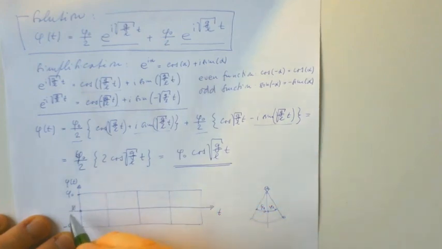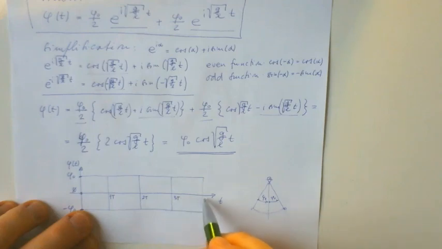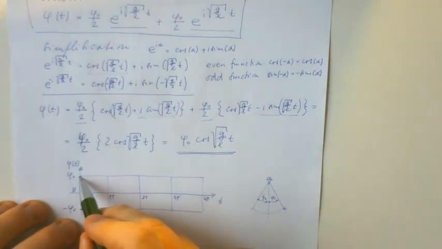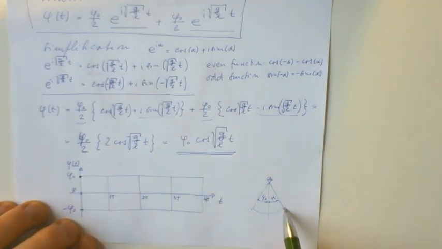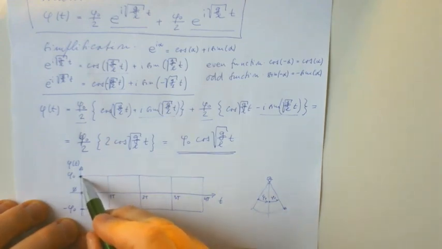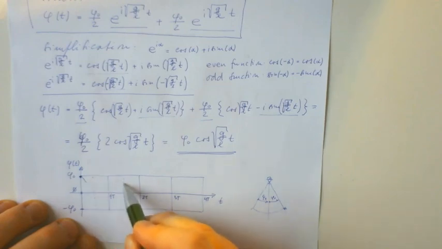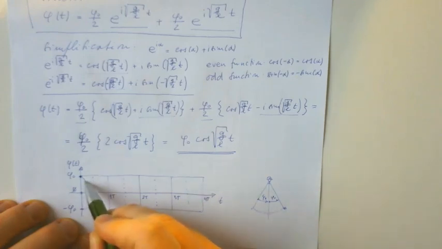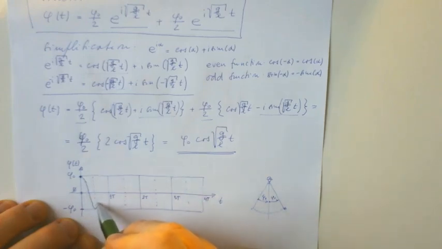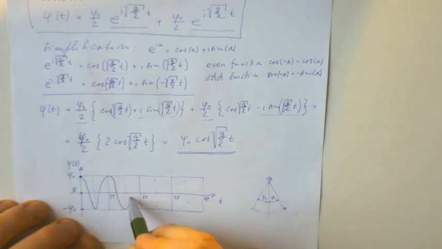There is time 0, 1 period, 2 periods, 3 periods, 4 periods, and we start from phi 0 here. And we go down, half an interval, so we go down, this is a cosine curve, and we are back, and down, back.